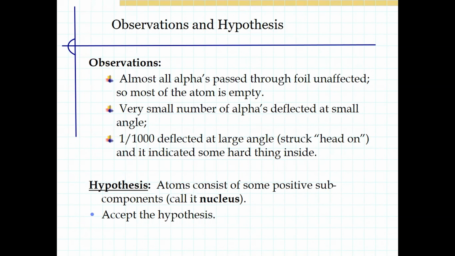The alpha particles come back. So they can come back only if they are going to hit something very hard. So the hypothesis was that atoms consist of positive subcomponents, and it is concentrated, and they termed it a nucleus.